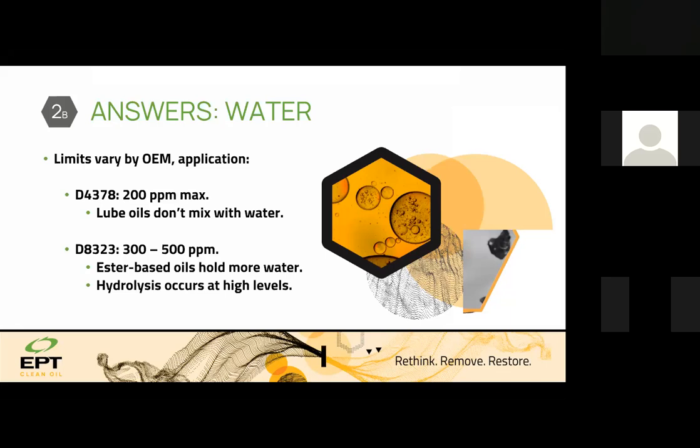So even though they can keep more, they will be breaking down very fast because of the water inside. So we need to really keep it to a minimum, let's say the recommendation is 300. I will talk about dry gas blanketing on top of some reservoirs where we have ester-based lubricants.